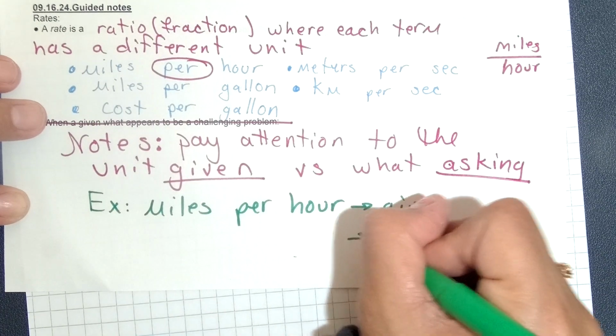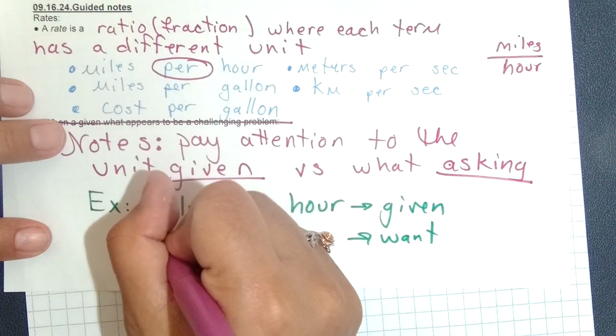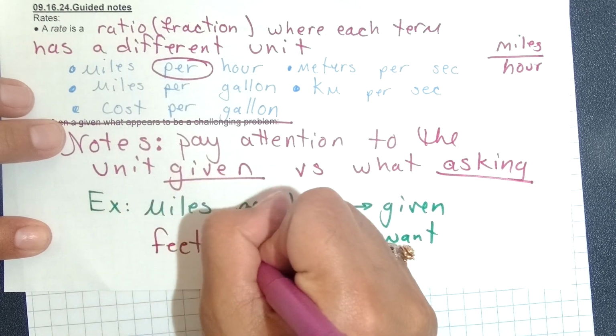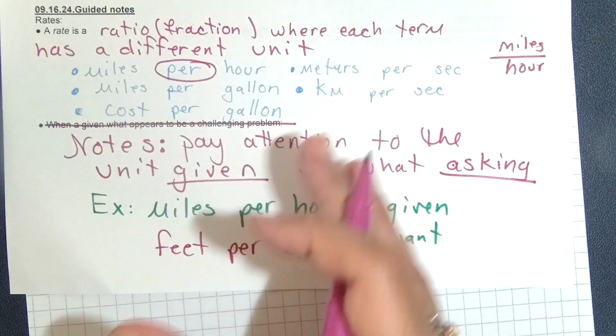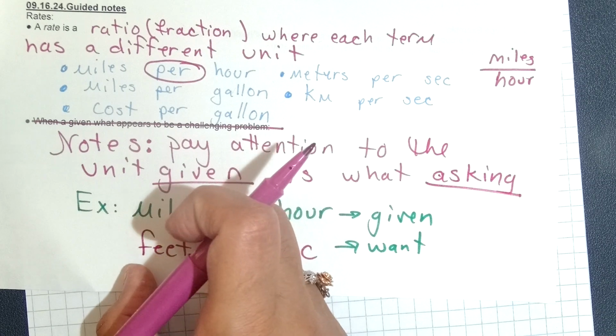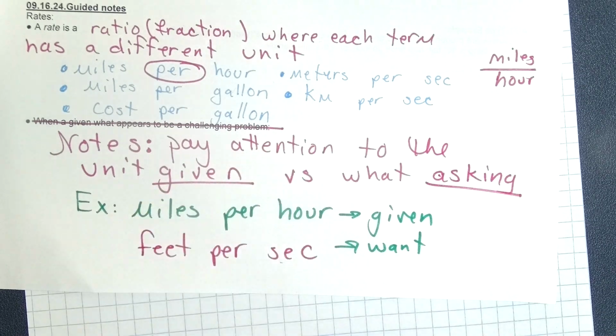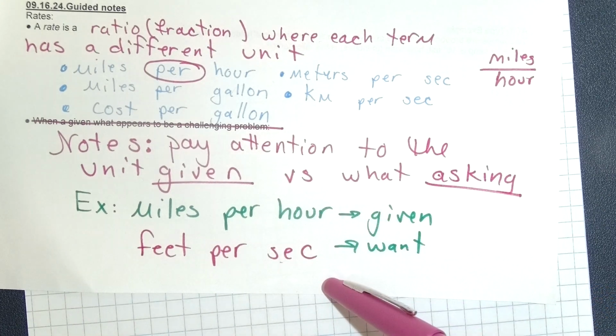But what they want is feet per second. So you're going to have to make sure you know how to convert from miles to feet, and they should give you the conversion factor. There's no way they're going to make you remember that conversion factor. And how to convert from hours to seconds, okay? So you need to pay attention to the rates they give you and what they're asking you for, okay?